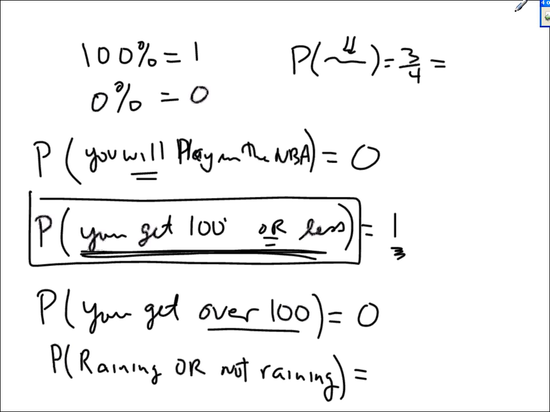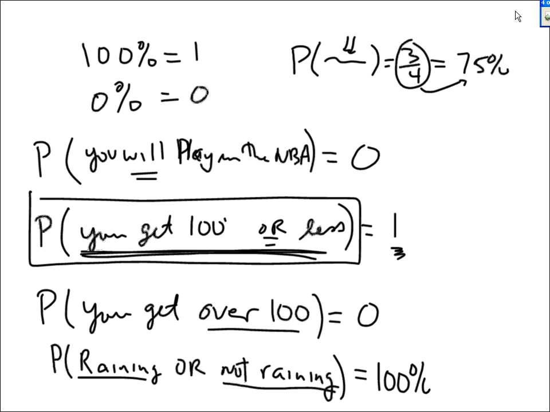What I want to say is that every number, especially 100 or below, can be written as a percentage. So what's the percentage of times that if you looked out your window right now, either it's raining or not raining? Won't it be 100%?